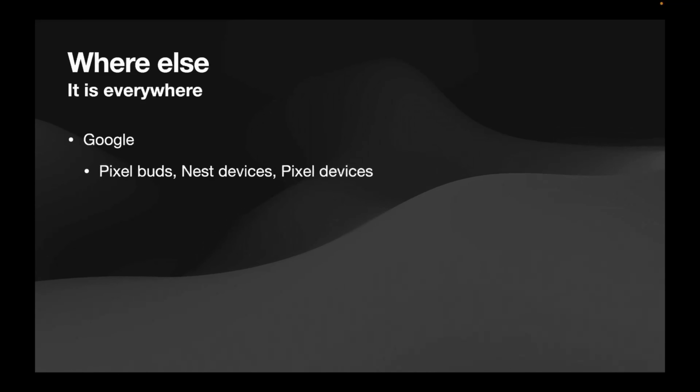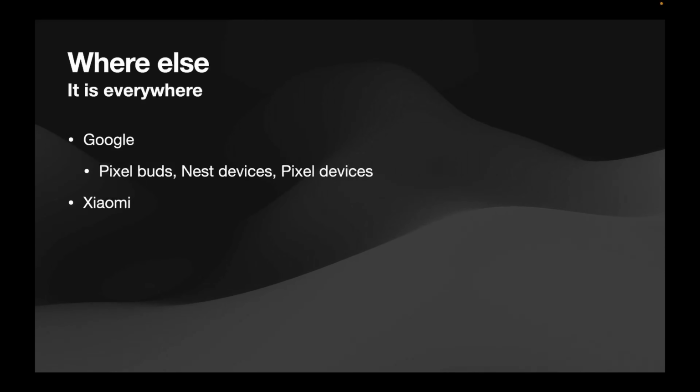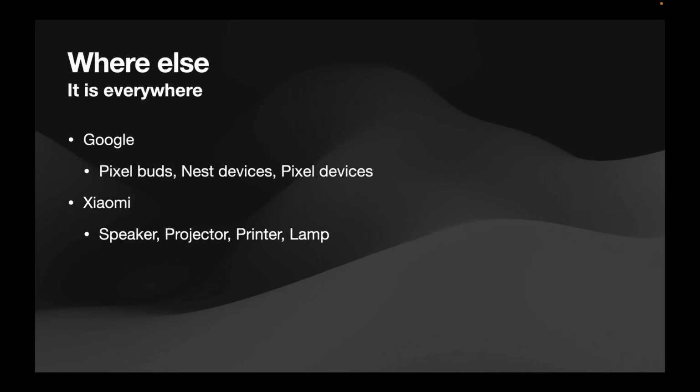Google has their lineup of products called Pixel Buds, Nest devices, Pixel devices, that is a byproduct of their CMF designers. Companies like Xiaomi also use it, especially in their ecosystem of product lineup, the Mi look that you might be familiar with, and that is seen across speakers, projectors, printers, and the lamp that you might have at your home.